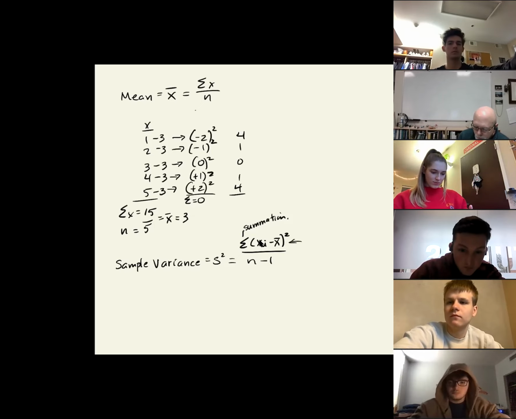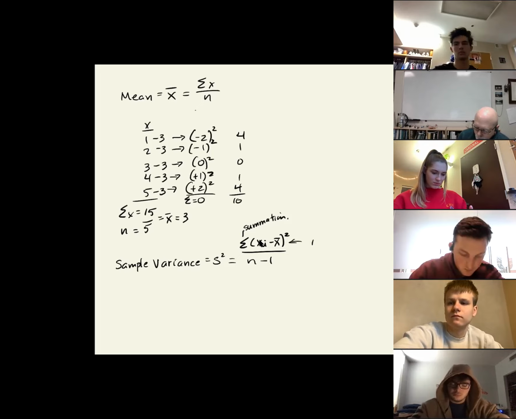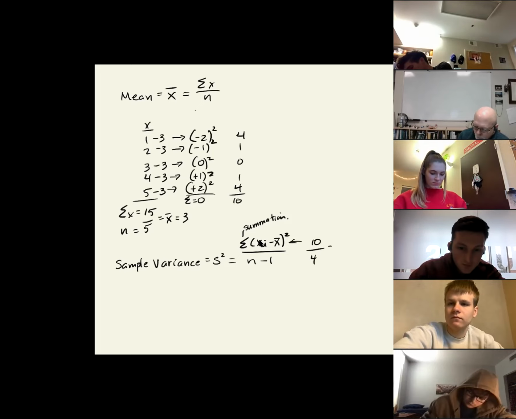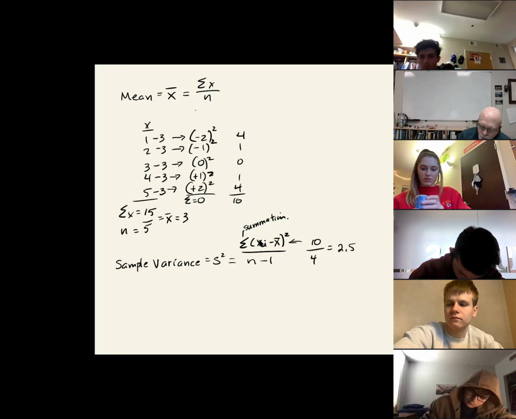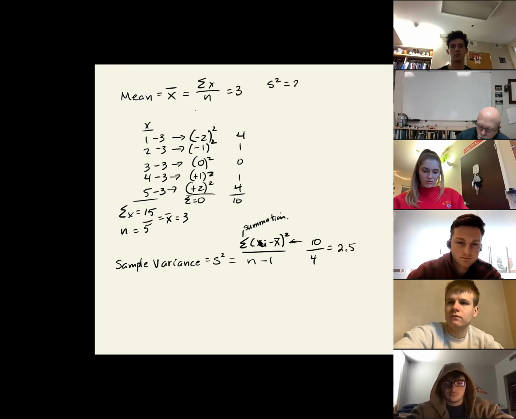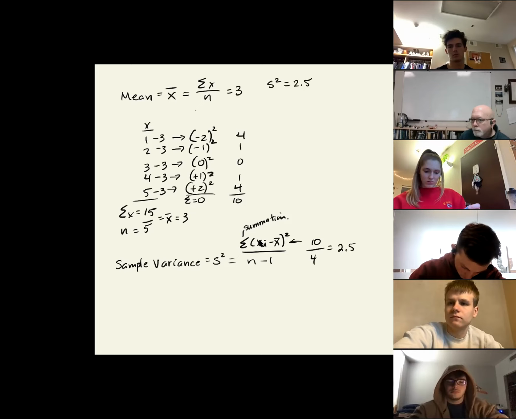And so that sums to 10. We would divide that then by 4, and when we divide 10 by 4, that is 2.5. So in this case, the mean is 3, and the variance is 2.5. Okay?